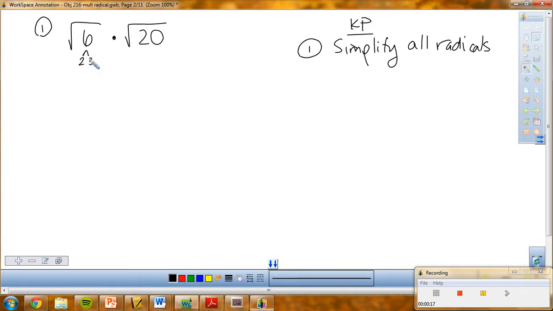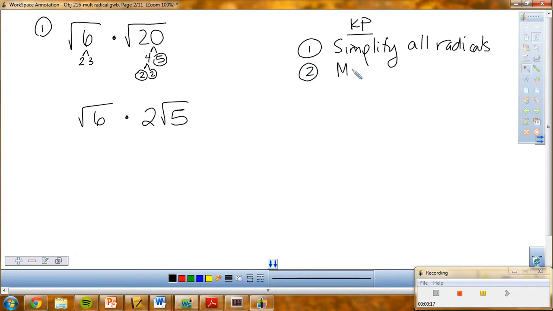So there's nothing I can pull out, so that is already simplified. For 20, I know it's 4 times 5. 5 is prime, and then 4 can break down to 2 times 2, which is prime. So I can simplify this further. So I have the square root of 6 times, I bring out a pair of 2's, the square root of 5. Once I have simplified, my next step is to follow my multiplication rule.